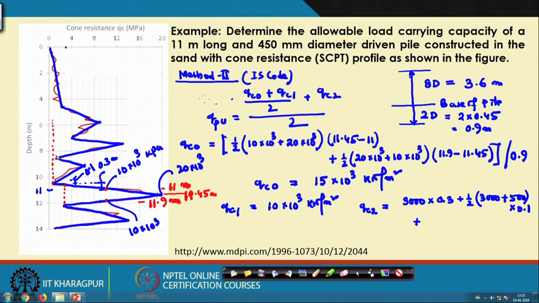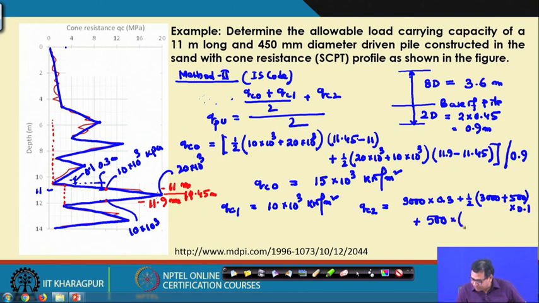Now, if there is any lower value than that 500, then you have to again go like this, the way I have proceeded here. But here the next lowest value is 500. So, what I will do, 500 and then the 0.3 and 0.1 I have already taken.